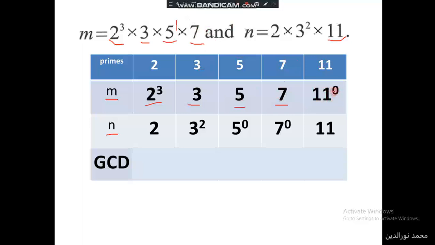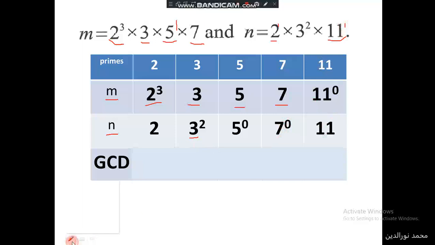Any number raised to the power 0, except 0, is 1, so we write 11 power 0. For n, we have 2 to the power 1, 3 squared. We have no 5s, so we put 5 to the power 0. We have no 7s, so we put 7 to the power 0, and then 11 to the power 1.